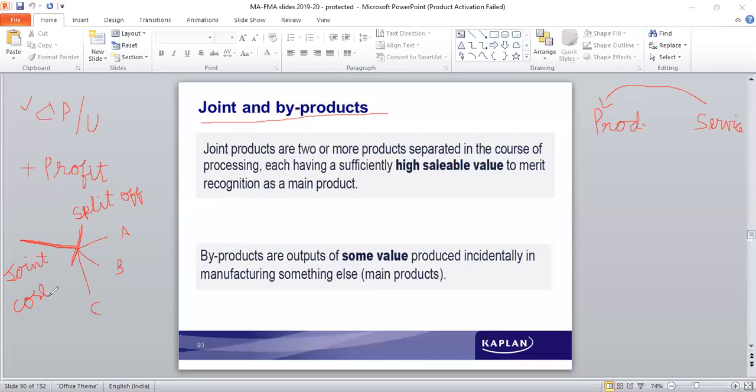And the costs which are incurred after the split off point, after they get separated, that is the after separation cost or further processing cost.